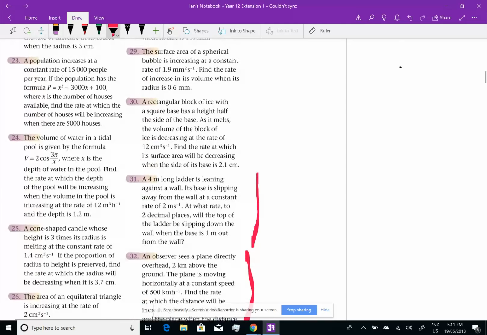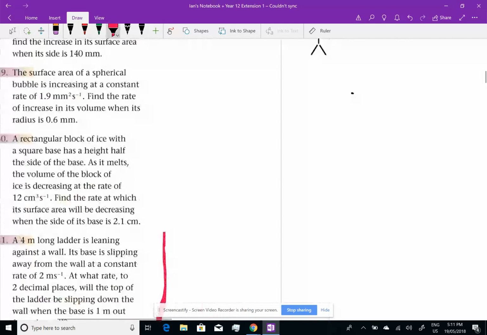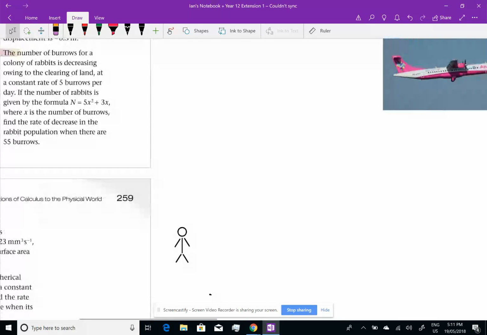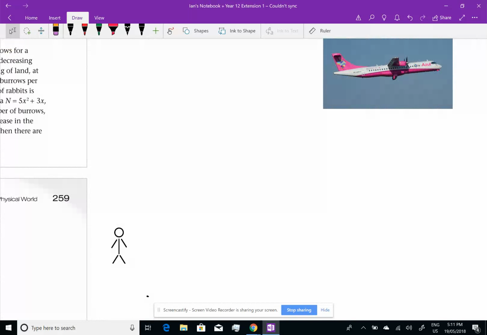So let's get a diagram here. We have this observer and we have a plane. Originally the plane was 2 kilometres overhead, directly. But the plane is now moving in a horizontal direction.